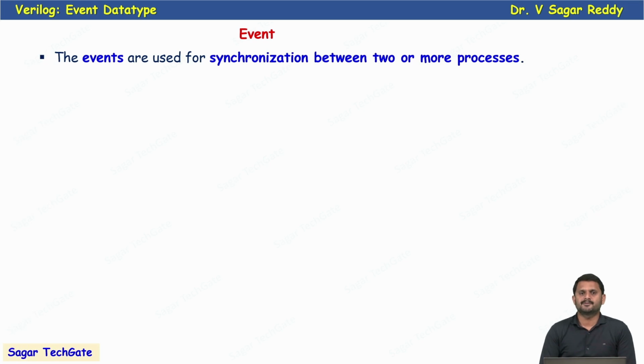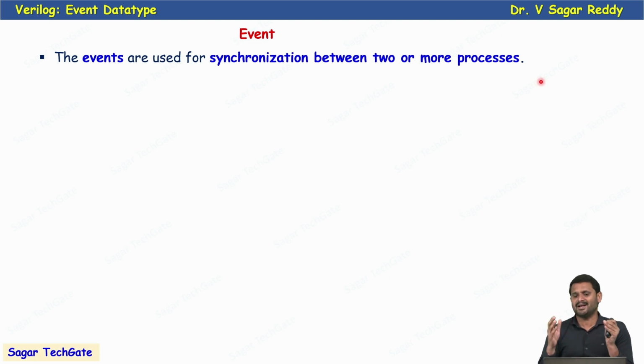Events are used for synchronization between two or more processes. A test bench consists of many processes. In Verilog, the term process usually refers to a block of code that executes sequentially in response to some events. So the statements written in begin and end form a process.